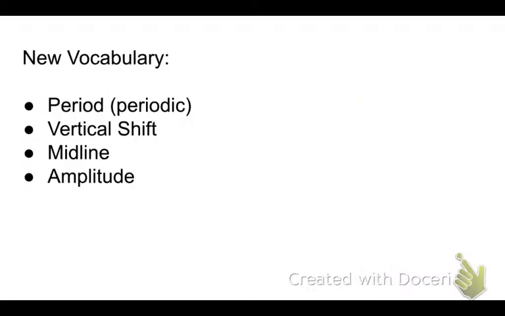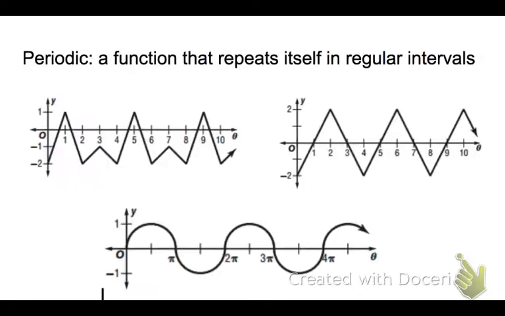As we move forward, we're going to have a couple new vocabulary words. The first one is period or periodic, vertical shift, midline, and amplitude. When we're dealing with periodic, a function that repeats itself in regular intervals is said to be periodic. And the period is the length of that interval. So, for example, there are 3 graphs that you see.